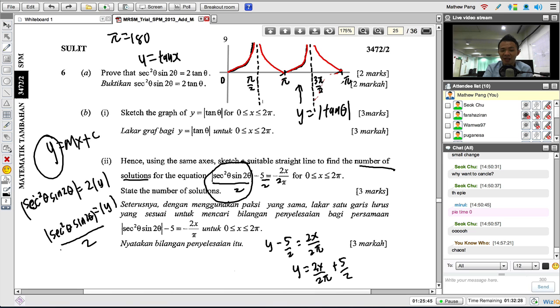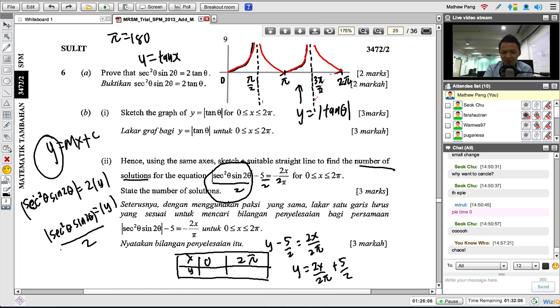So what you need to do is after you find out the equation of the straight line, you draw a table. Straight line you just need two values should be enough. I'll put x and y. And value I randomly put 0 here or 2 pi here. Because I'm trying to take the longest distance between 0 to 2 pi.